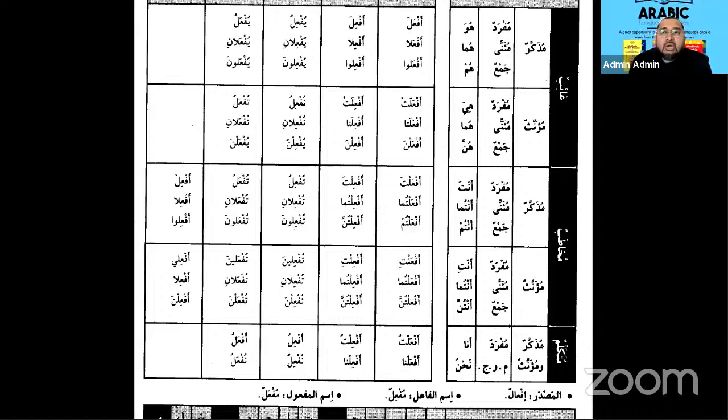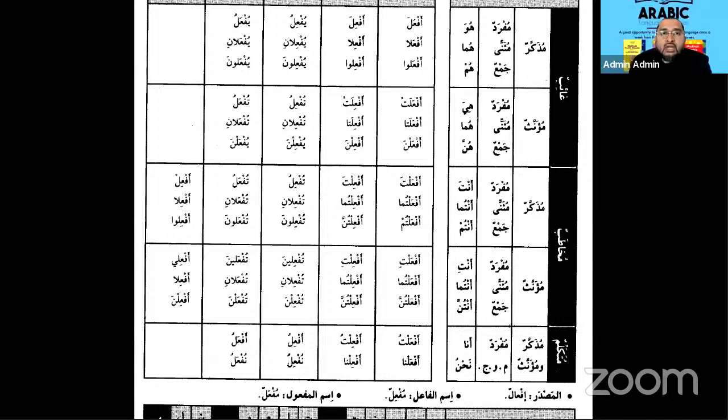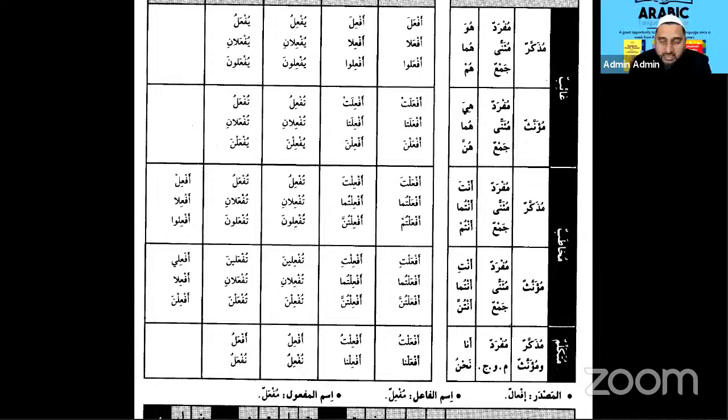Akhraja means that someone took someone else out of somewhere, whereas kharaja means he exited himself. No one removed him from somewhere. Does it make sense? Yes, it makes sense.